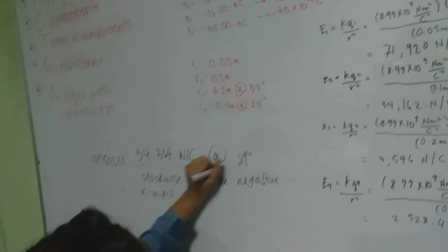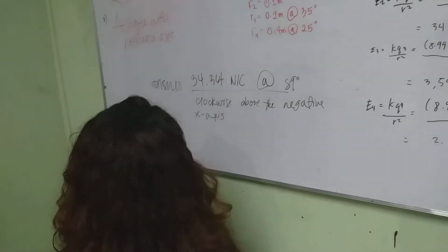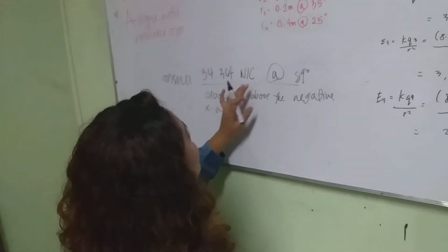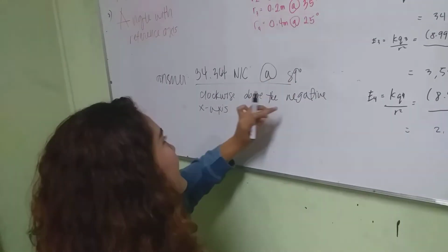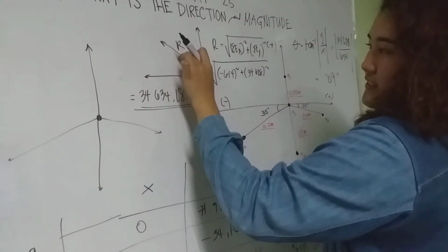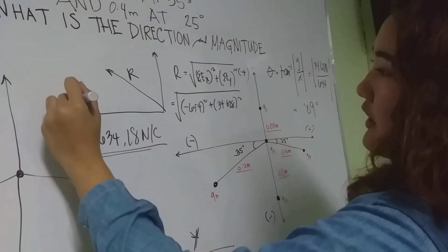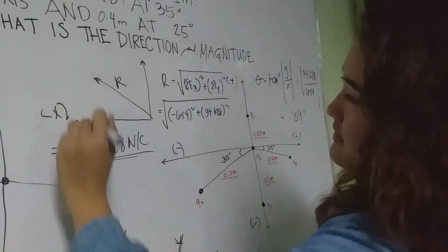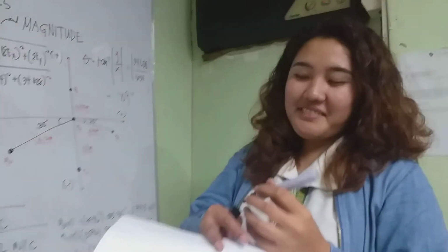So that will be our answer. 34,364 newtons per coulomb at 89 degrees clockwise from the positive x-axis. So that will be all.